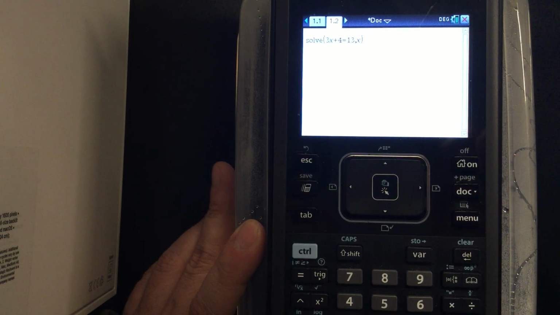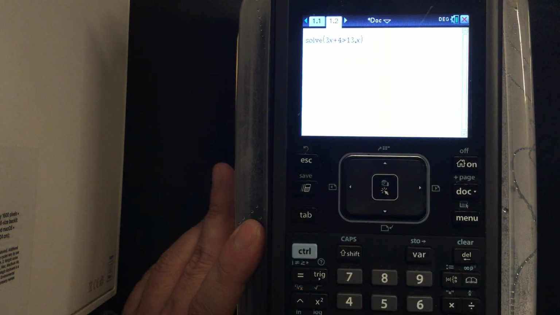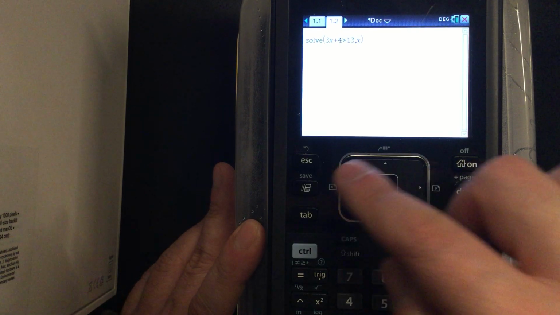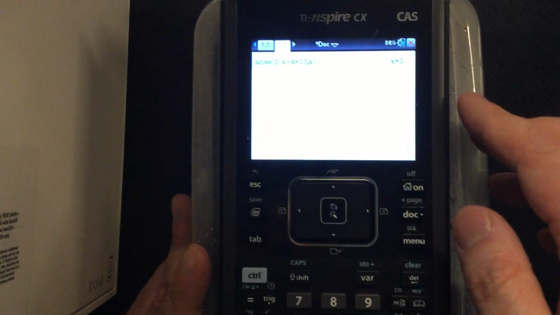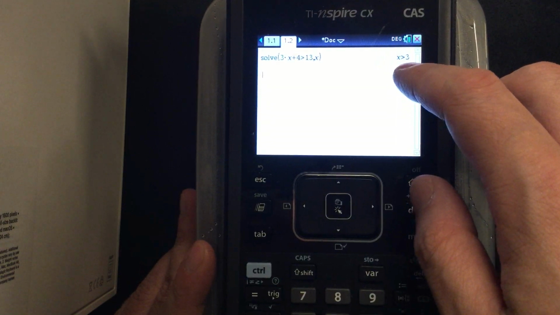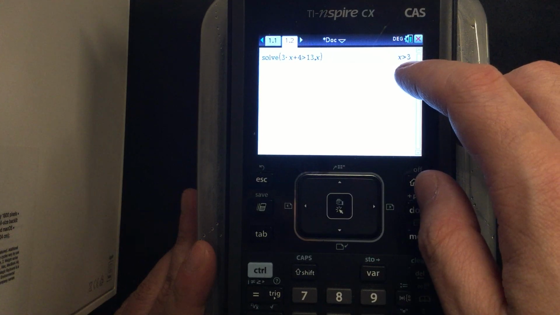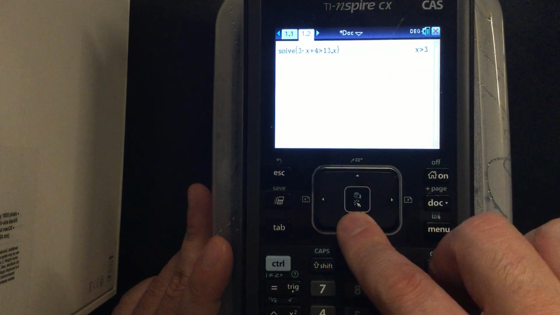We are interested in at what values of x this entire expression is bigger than 13. So we need to do this. And if you press enter, what that's saying is when x is greater than 3, that expression is bigger than 13. Okay, let's do another example here.